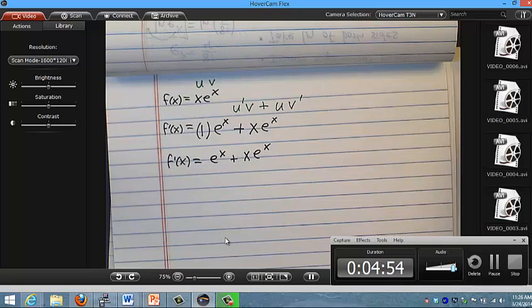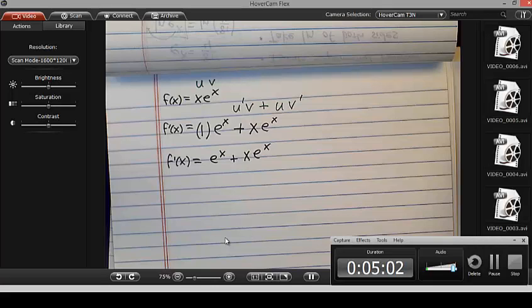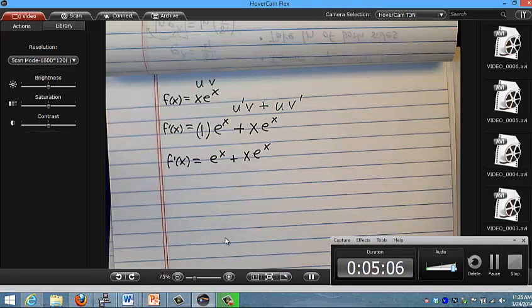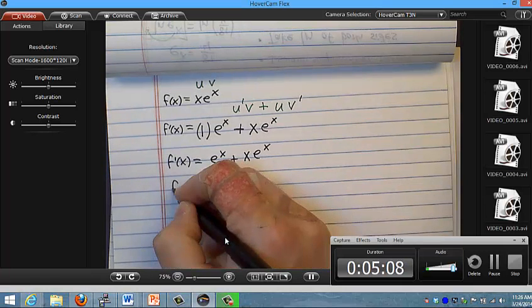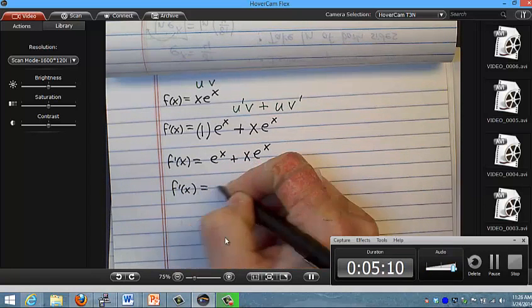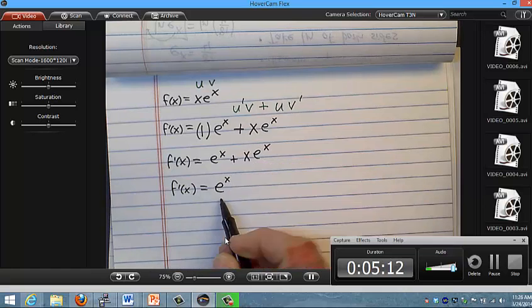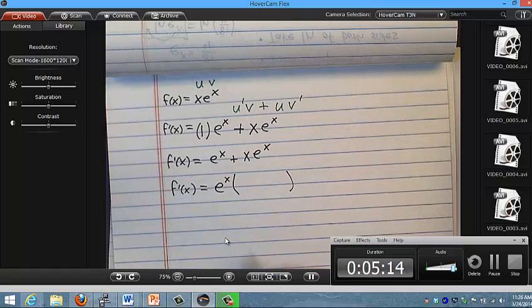I'm going to see if I can do anything else algebraically. What else can I do? Yeah, this e to the x can be factored out front, let's say. So you'd have e to the x times what? 1 plus x. Yeah.